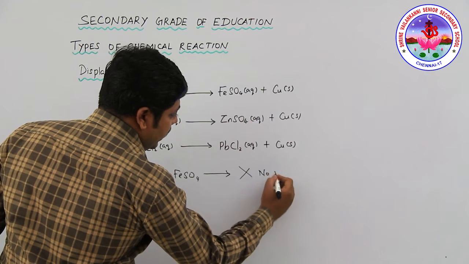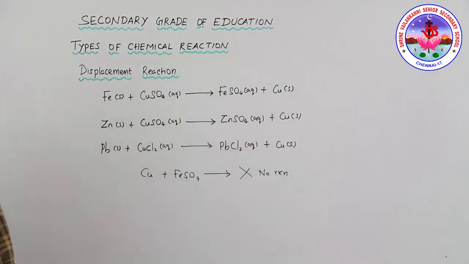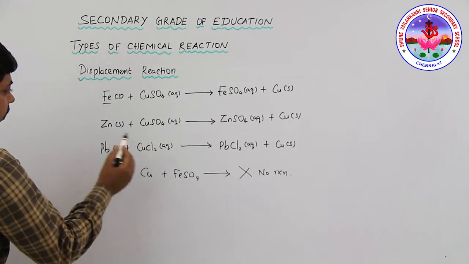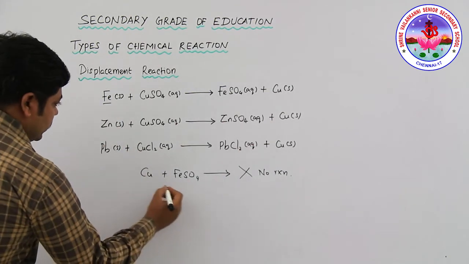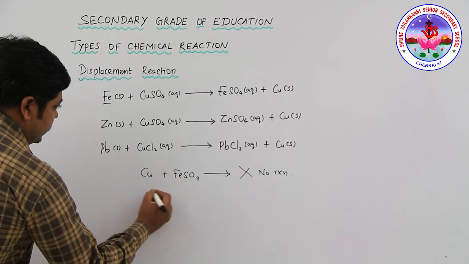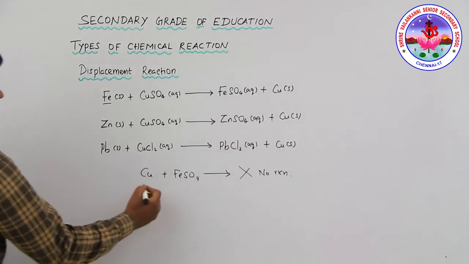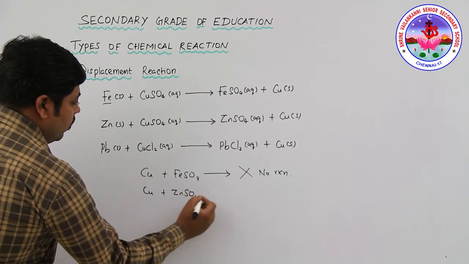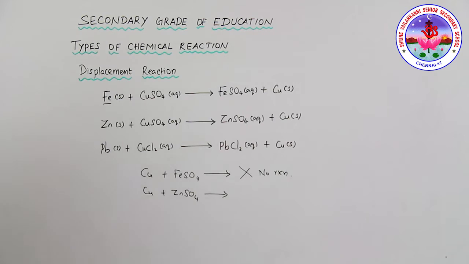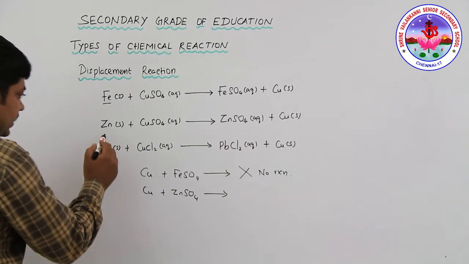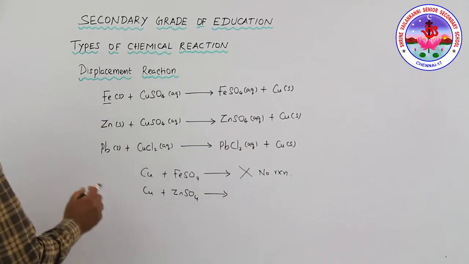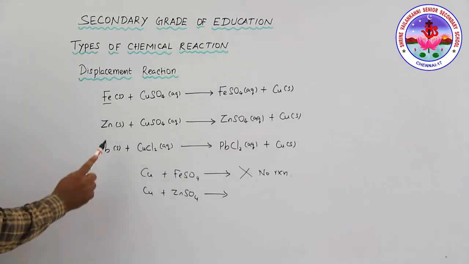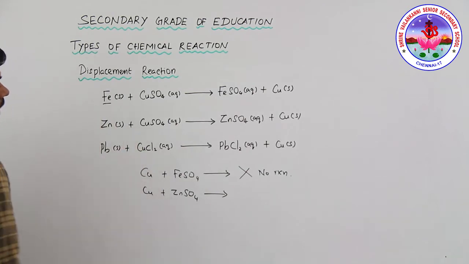Because here the copper is less reactive than iron. Similarly, if I use zinc sulfate with copper, that is also no reaction. The reverse reaction is not possible, because zinc and lead are highly reactive elements, and a less reactive element does not replace a more reactive element.